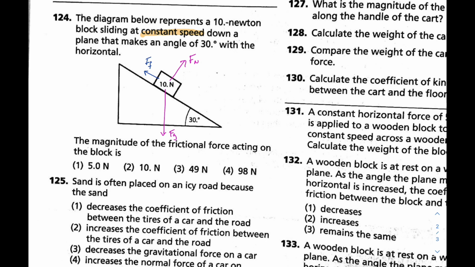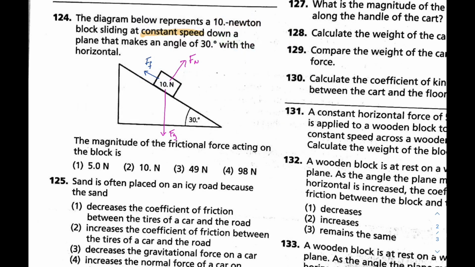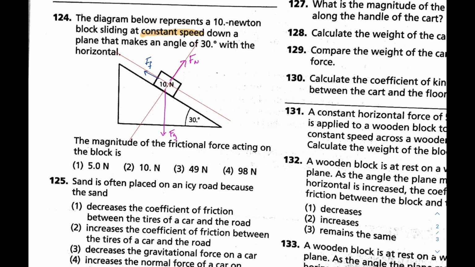We are going to have this vertical direction right here, and we would have this horizontal direction right here. These two planes of motion are our new rotated coordinate system.